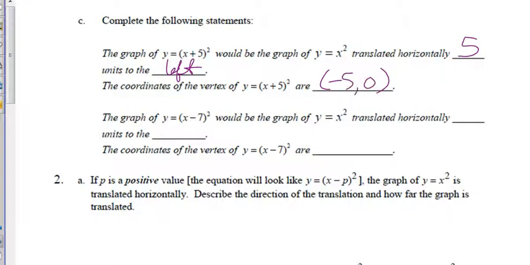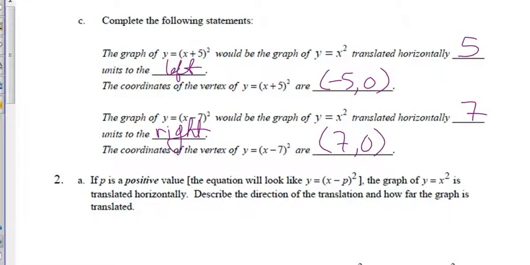In parentheses with a comma in between, because it's a point. The graph y equals (x minus 7) quantity squared would be the graph y equals x squared translated 7 units to the right. The coordinates of the vertex are 7, 0.